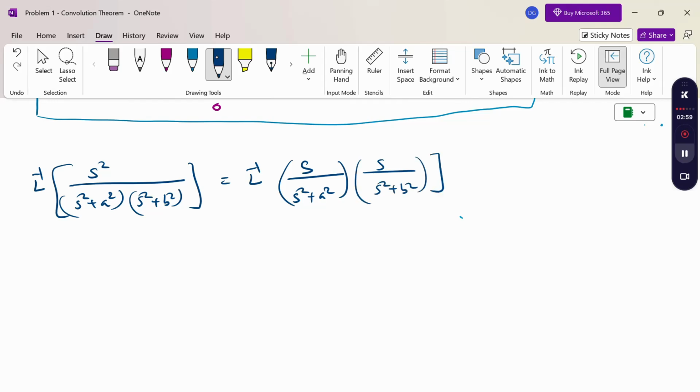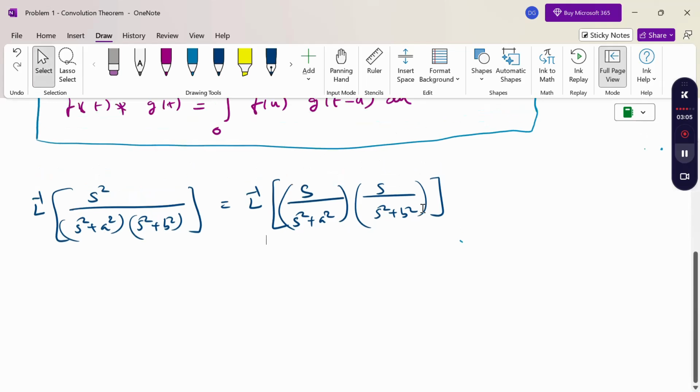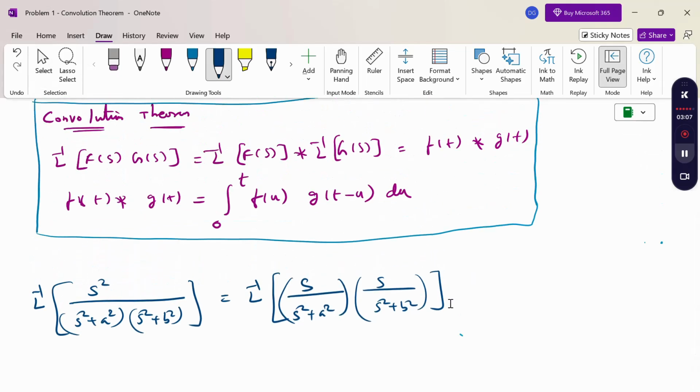I just rewrote the given question, s square as s into s, with the denominators rewritten, nothing different. Why? Because compared to L inverse of f of s, g of s, this is f of s, this is g of s.